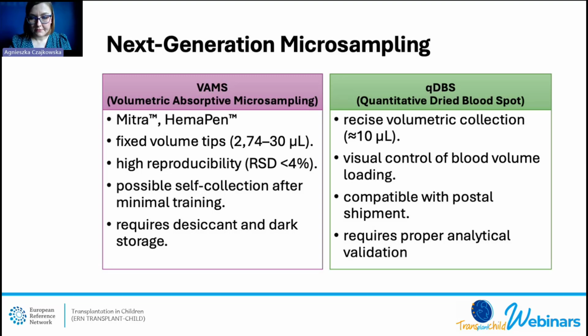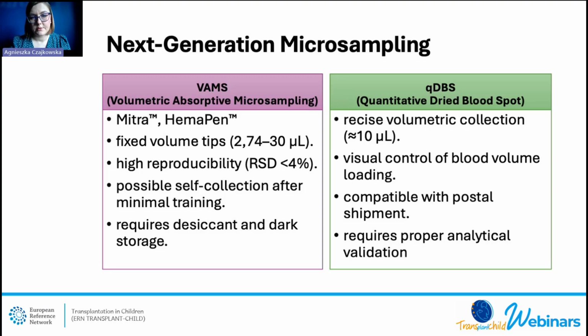After brief training, the patients can collect samples themselves at home, and this part will be widely explained by Jacek. The only requirement is to let them dry and protect the samples from light. So it's a very convenient and safe method. On the other hand, we have a modification of dried blood spot, which is called quantitative.